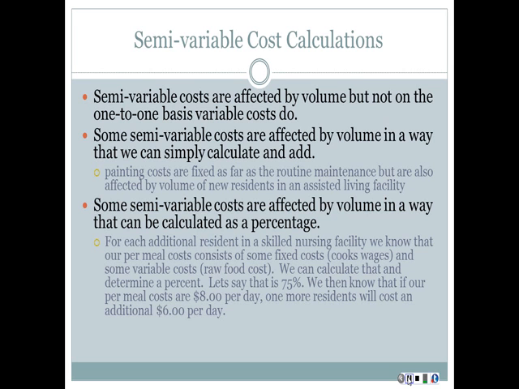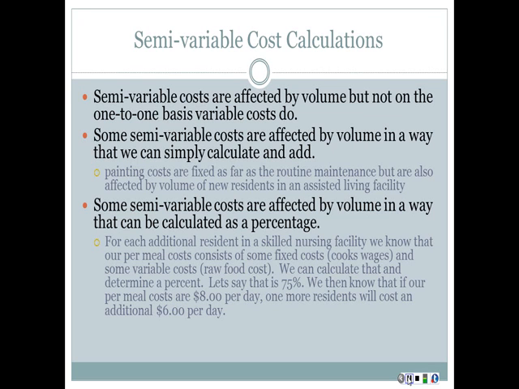We then could calculate what percent were fixed costs and what percent were variable costs, and we calculated that 75% of the cost of a meal were our variable costs.